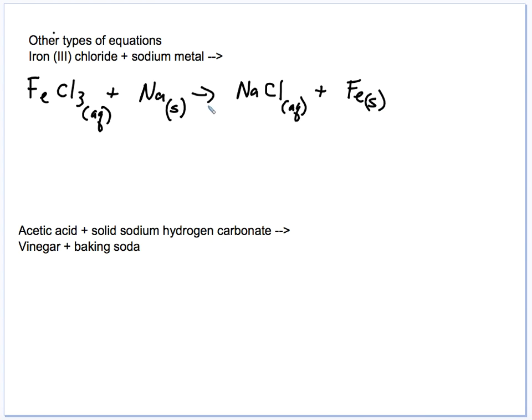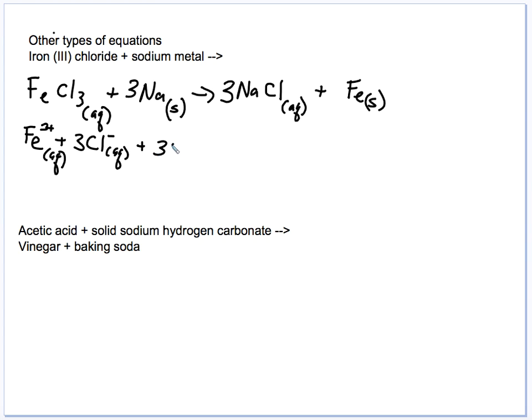Now we need to balance this equation, so we're going to put a 3 here and a 3 over here. Now we can cancel anything that's aqueous on both sides, but before we do that, let's write out what we got here. The iron 3 chloride is an ionic compound, and it's aqueous, so it's going to break down into ions. Notice how I moved the 3 in front of the chloride, because it's not Cl3, it's 3 chloride ions when this dissociates in water.